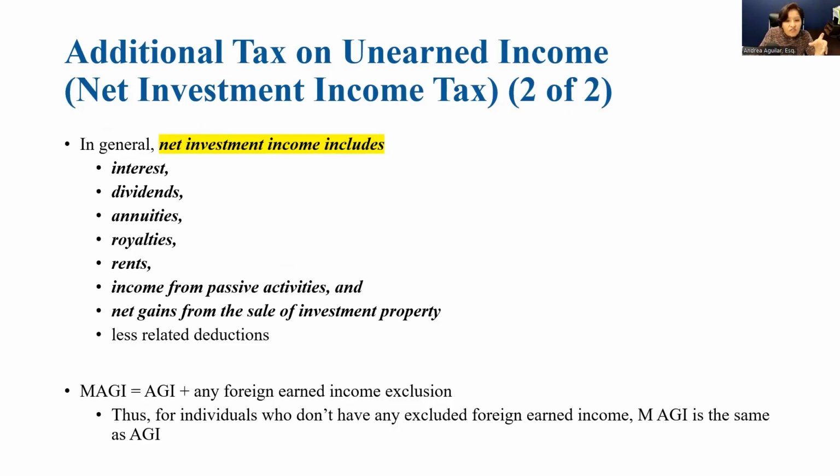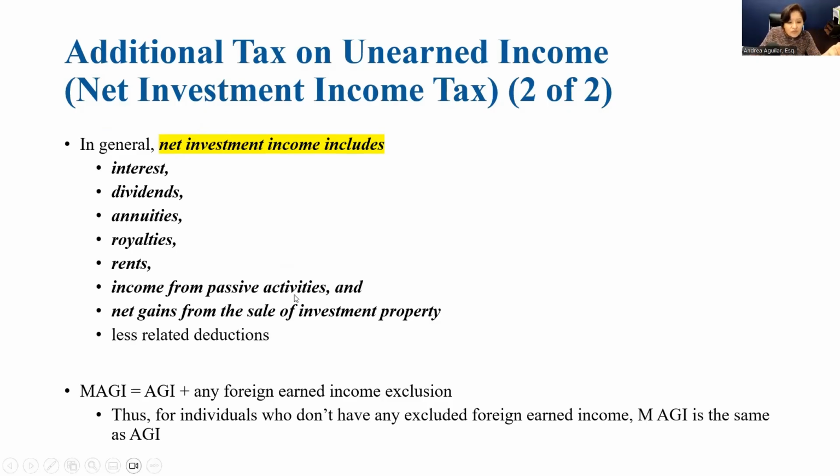The definition of MAGI with regards to the calculation of net investment income only considers the foreign earned income exclusion. So you will take your adjusted gross income and you will add back your foreign earned income exclusion. That's what's going to give you your MAGI.